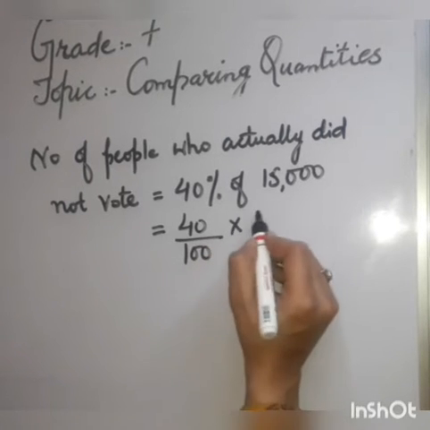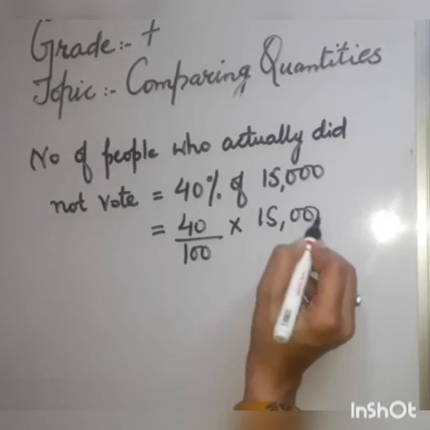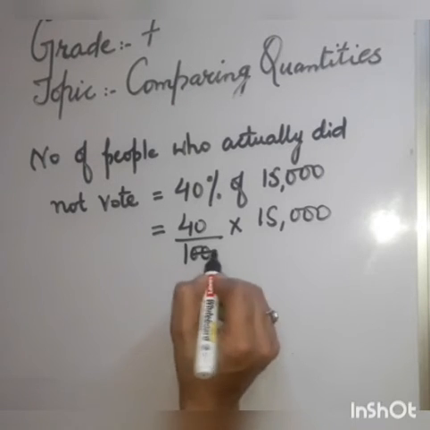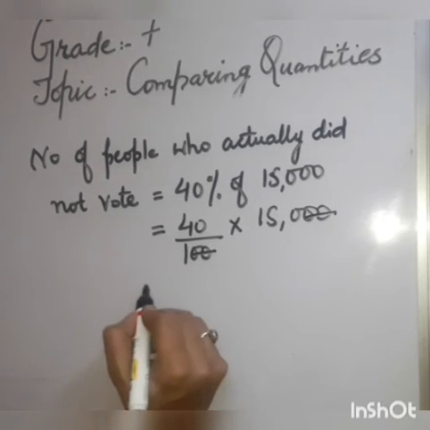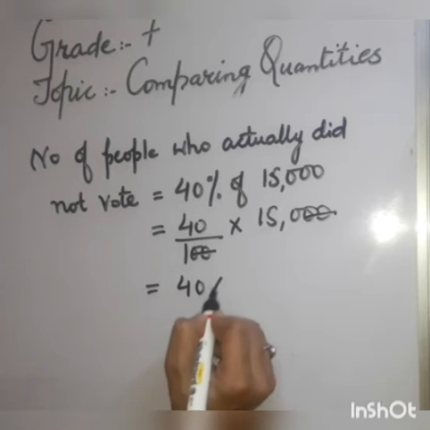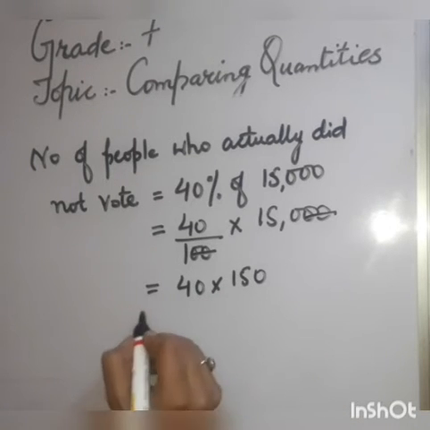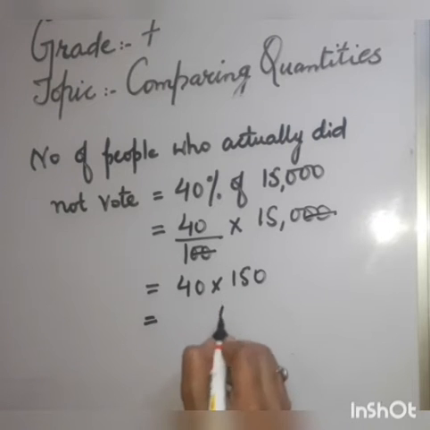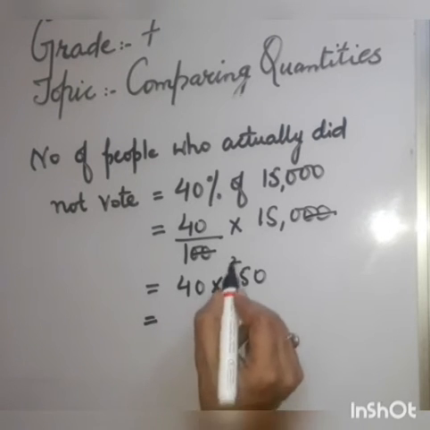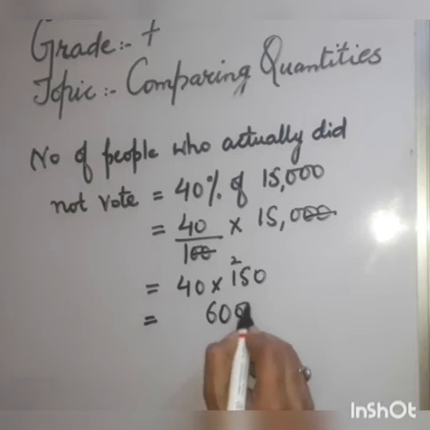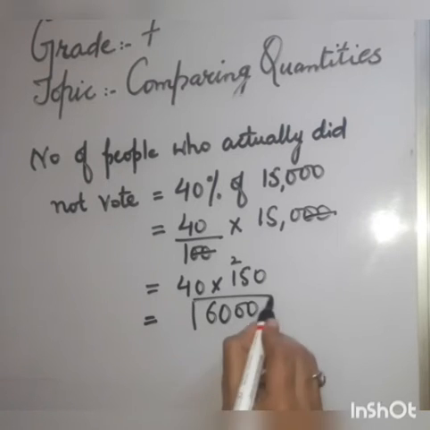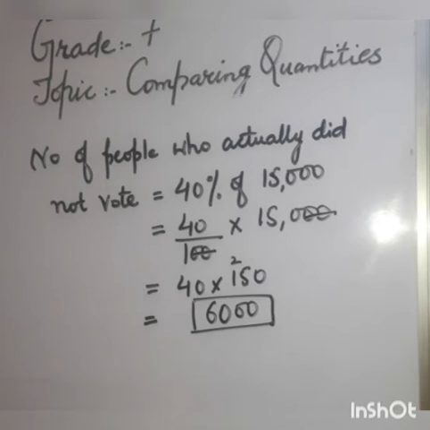Of will change into multiplication, and then 15,000. These two zeros will cancel out, so we'll be left with 40 into 150. Clear? So it will be 4 5s are 20 and 4 1s are 4 plus 2 is 6, and these two zeros. So this is 6,000. So there are actually 6,000 people who did not vote. Clear?